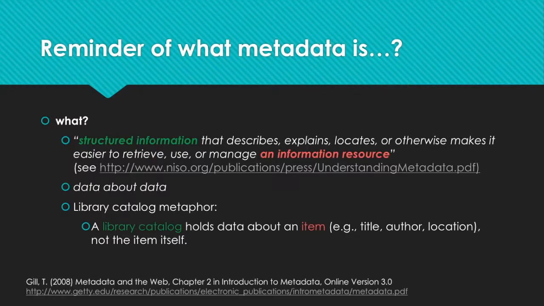If you think literally about the word metadata, that is exactly what it's referring to. So if we think about metadata in terms of the library catalog, a library catalog holds data about an item. So that would be, for example, the title, author, or location, but does not actually contain the item itself.